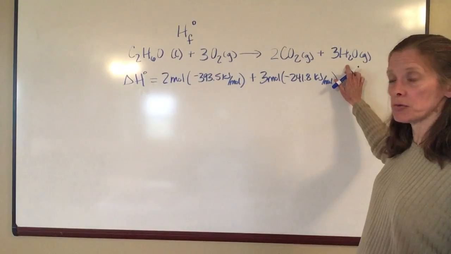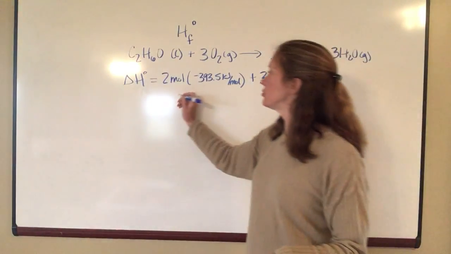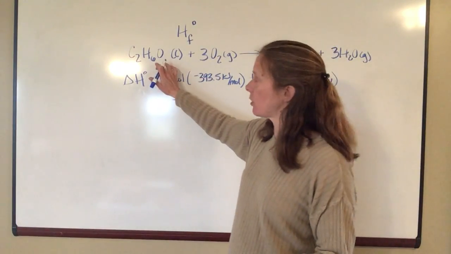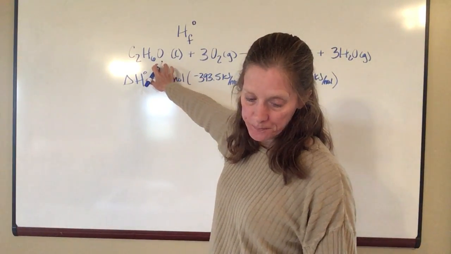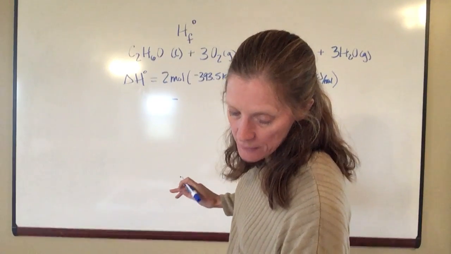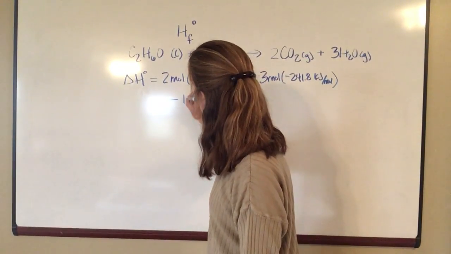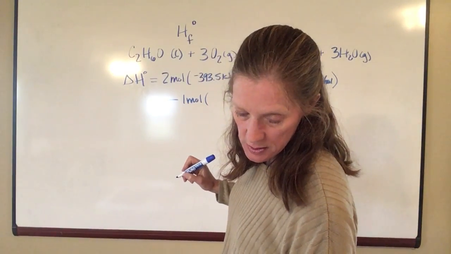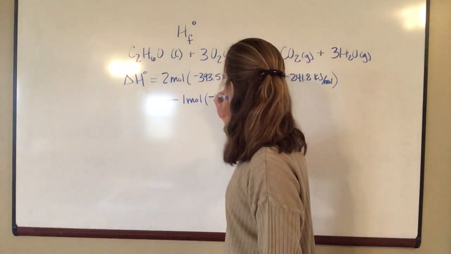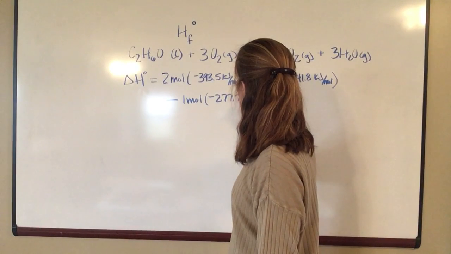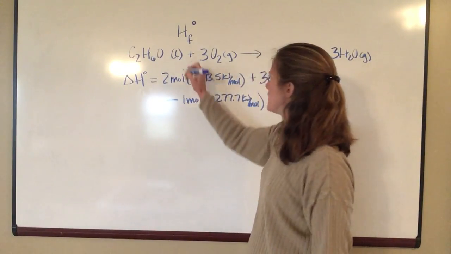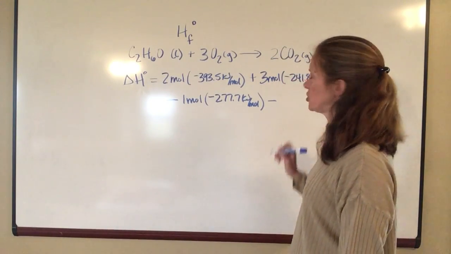On the product side of the reaction, we need to subtract the reactants. So the liquid ethanol, I have 1 mole of that, and the enthalpy for that is a negative 277.7 kilojoules per mole. And then I've got to subtract off the oxygen.